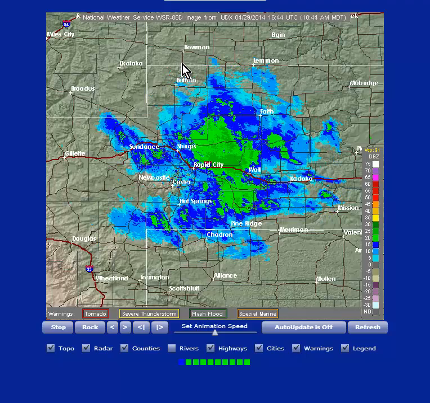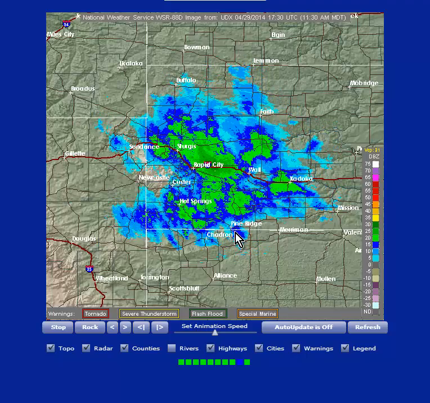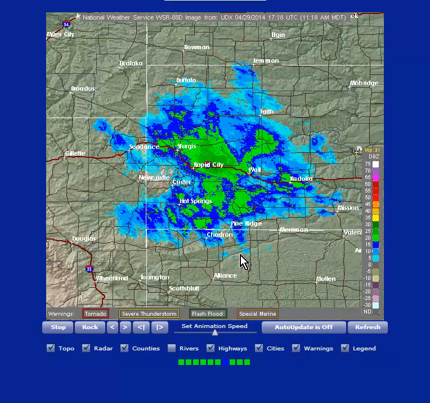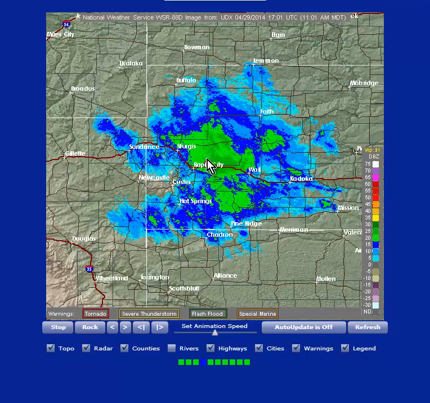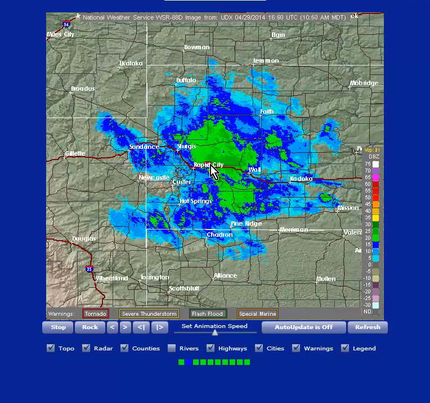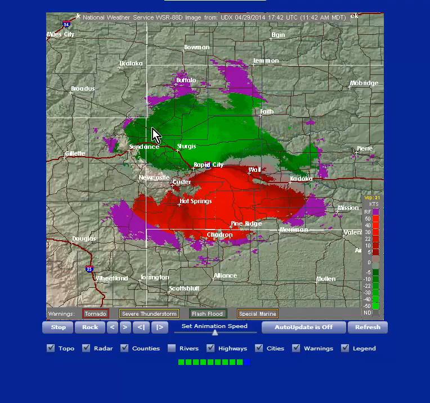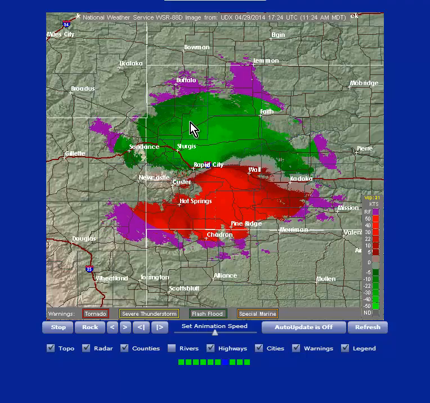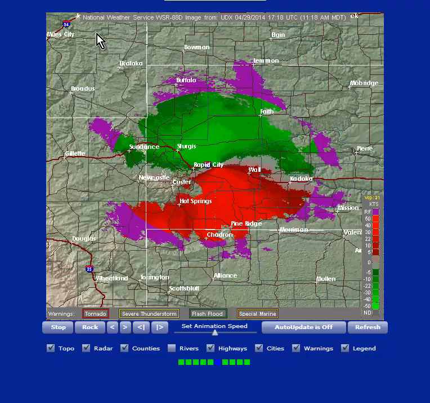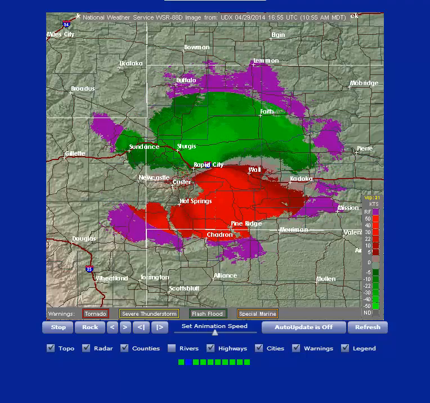Now I told you that the actual motion of the particles or drops or snowflakes is from the north-northwest to the south-southeast. So it would be a north-northwesterly wind blowing those particles at whatever level this Doppler loop is. I don't know exactly what altitude that is, by the way. I'm not really sure about that. I don't know. It would be interesting to find out.